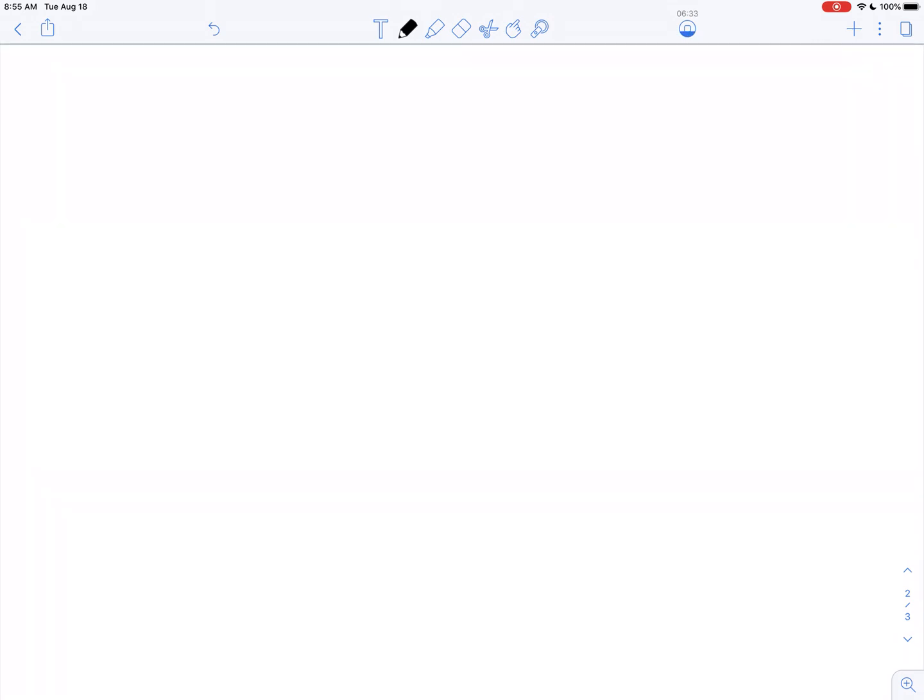Let's talk about it. In a lot of the books, including our book, they refer to it as A plus BI form. So, complex numbers are two-part numbers. This is called the real part, and this part over here, because it has the I, is called the imaginary part.